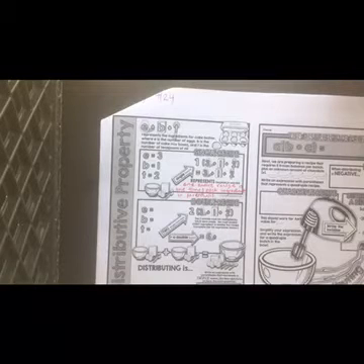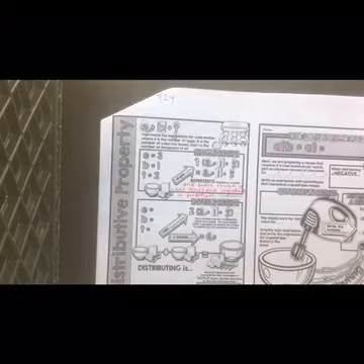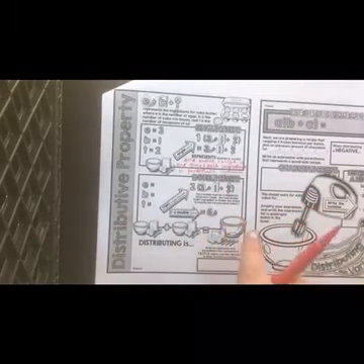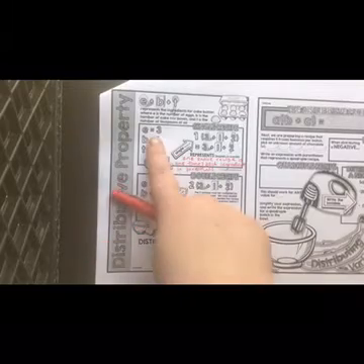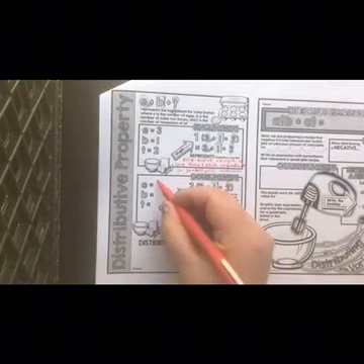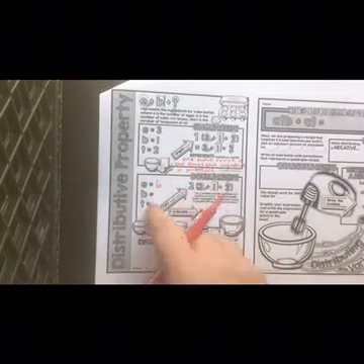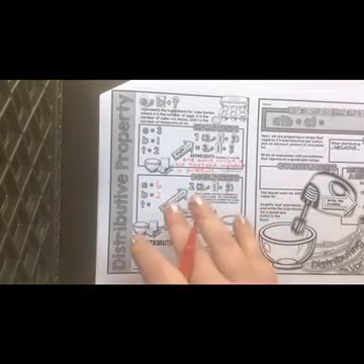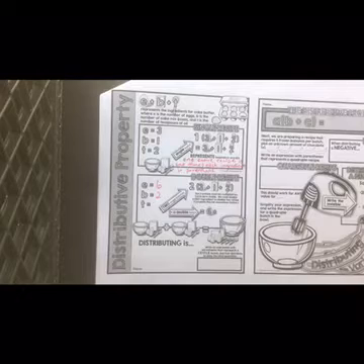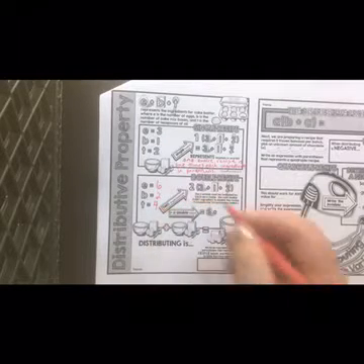Now, if I was going to make 2 boxes of cake mix, I have the same thing, but now I'm going to double. So instead of needing 3 eggs, I now need 6 eggs. Instead of 1 box of cake mix, I need 2 boxes of cake mix. Instead of 2 teaspoons of oil, I need 4 teaspoons of oil.